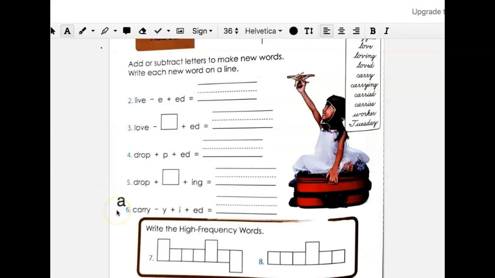For number 6, you're going to follow the last rule to make it into a new word. So you're going to subtract the letter and then add new letters to make new words. You're going to complete these on your own. Numbers 7 and 8, you're going to write high frequency words that match these boxes.